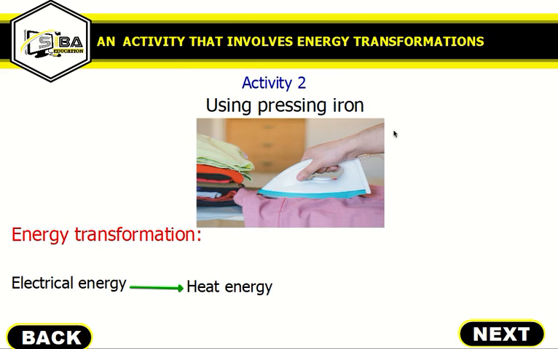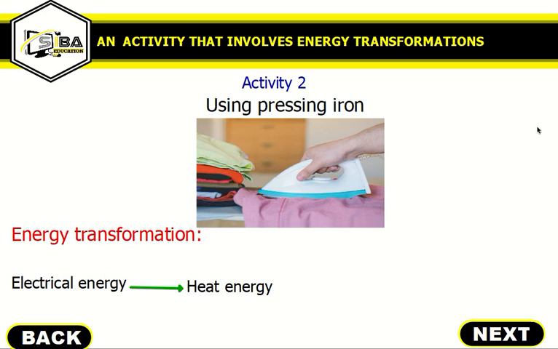Let's look at activity 2. We have all been ironing our clothes at home. But remember, without the iron being plugged to direct current or electricity, the iron cannot produce heat for you to iron your clothes.